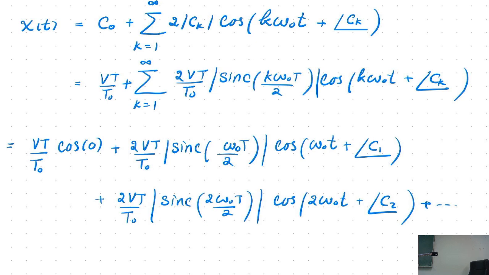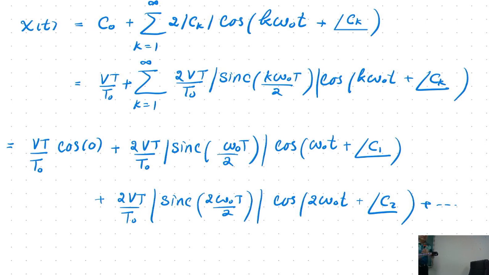So this is the first harmonic, which is the fundamental frequency. This is the magnitude of it, as well as the phase. And this is the component at 2 times omega 0, as well as the phase, and so on.